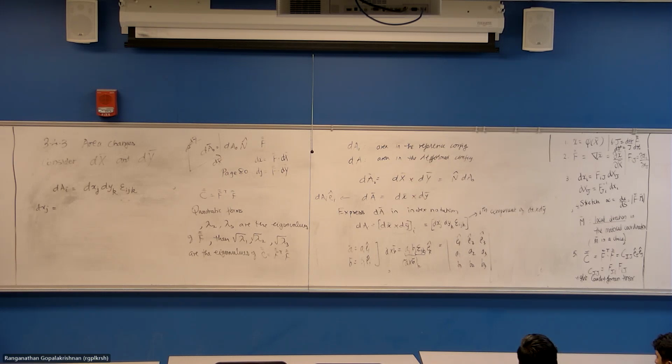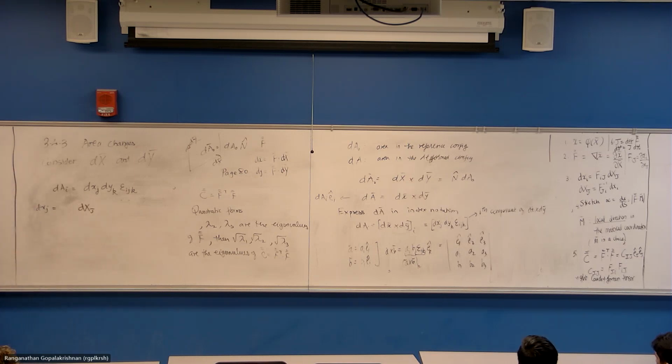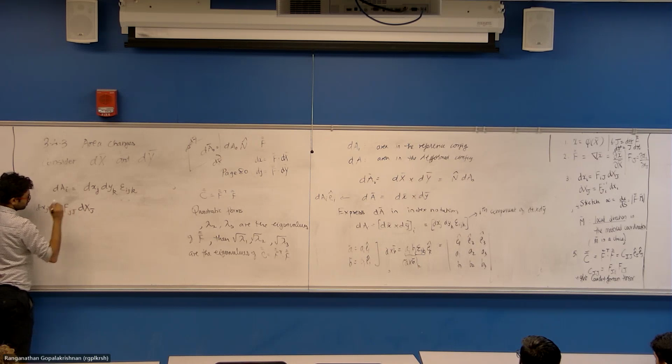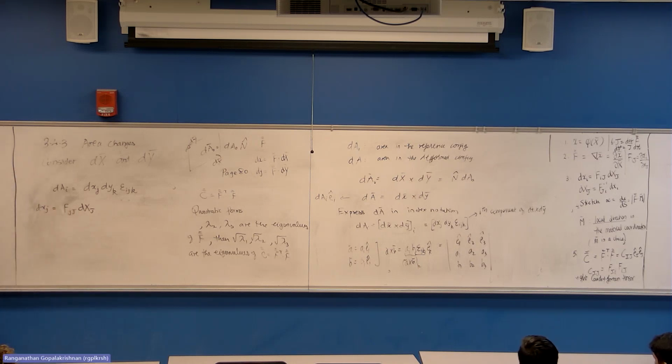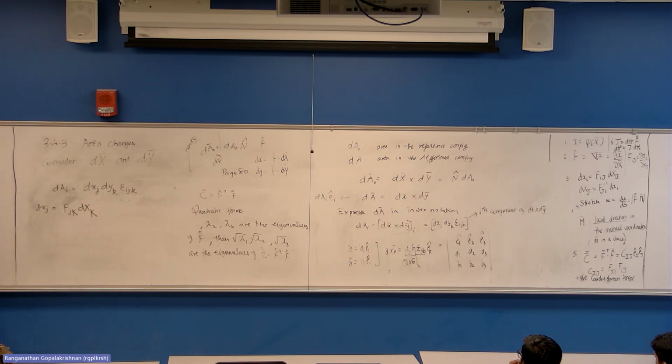It is small d divided by F, so dx_j is F_jJ dX_J, or if you are not very comfortable saying that, F_jK dX_K.